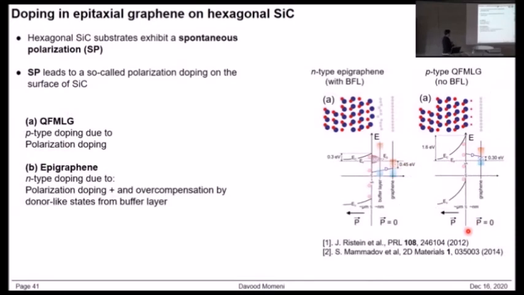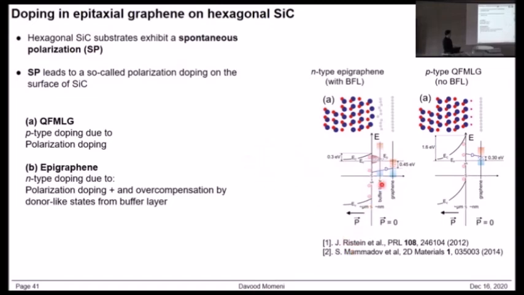There are two very interesting, valuable papers from Riedl and Samir Mammadov. I think Samir is also joining us today. So they very well explain what's happening and why we have p-doping in quasi-freestanding graphene layers.